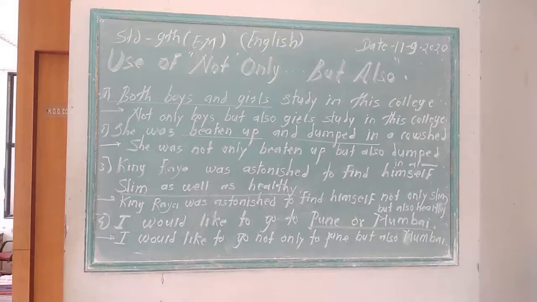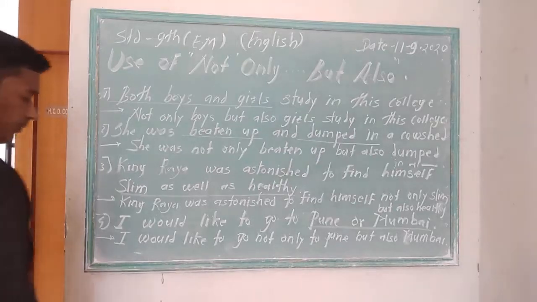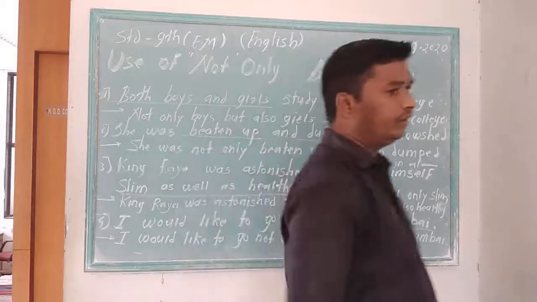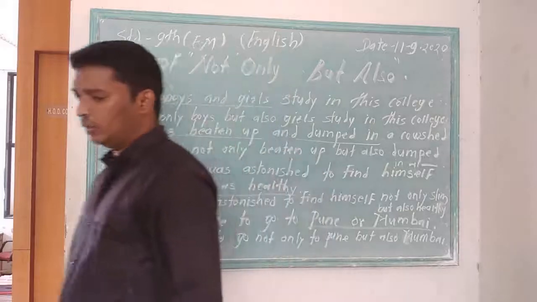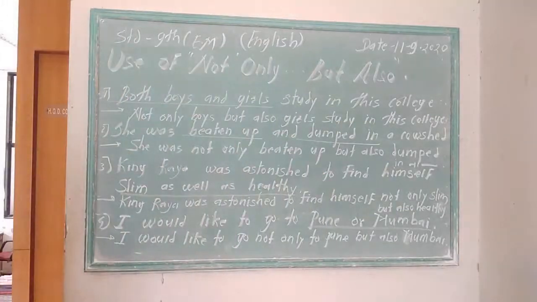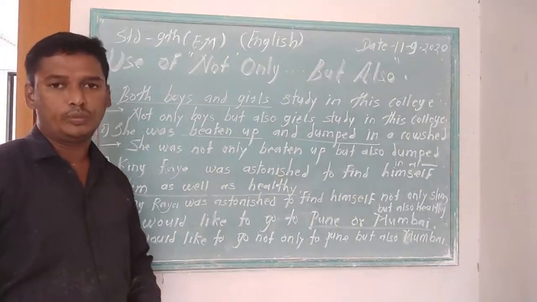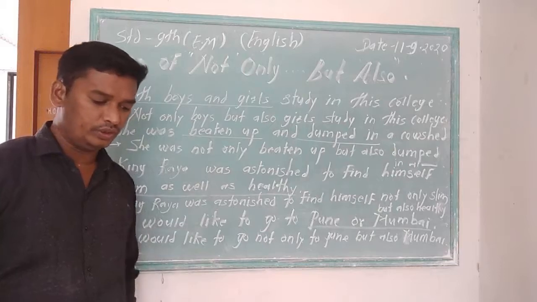If there would be the word both before two things, then remove that both word, by joining with not only dot dot but also.